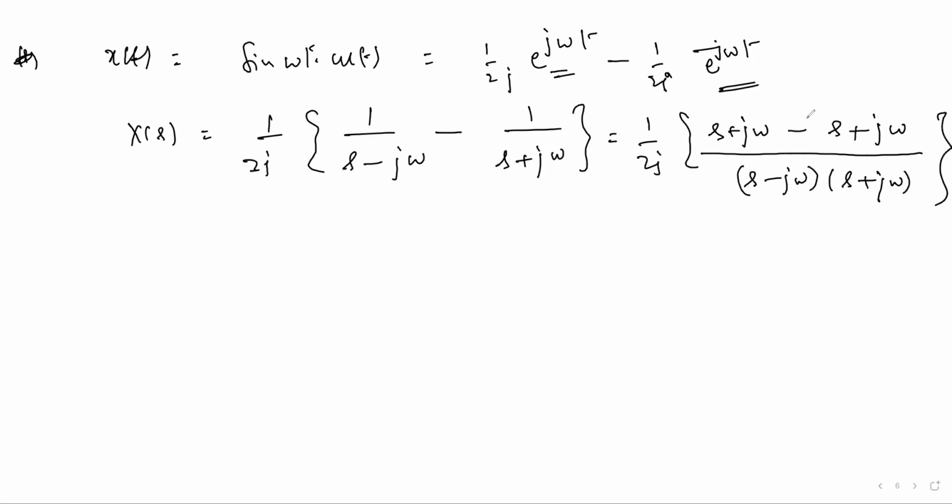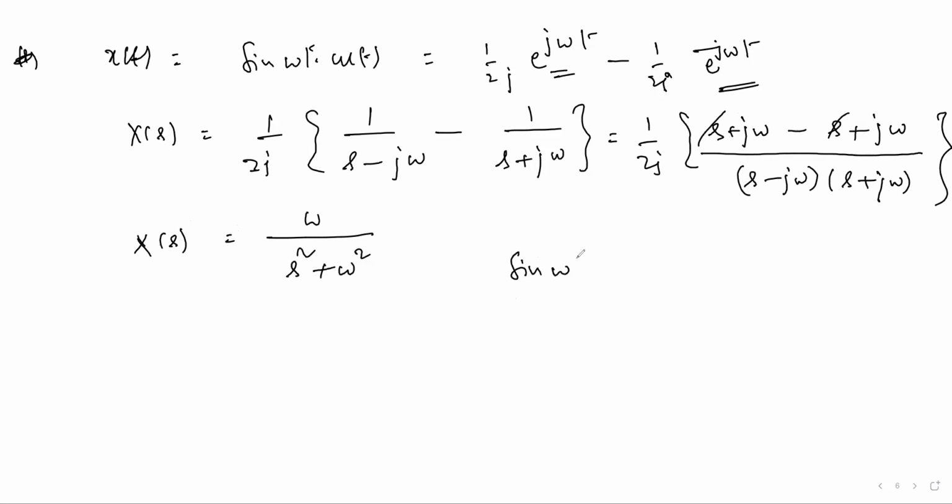Any cancellations? This time s gets cancelled, and 2j omega is there. So 2j omega by 2j means only omega remains, and in the denominator it is s square plus omega square.